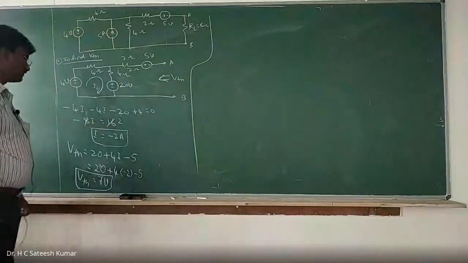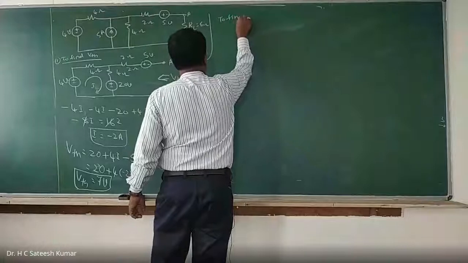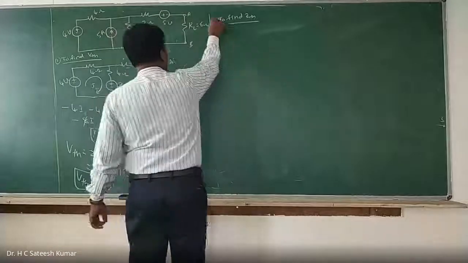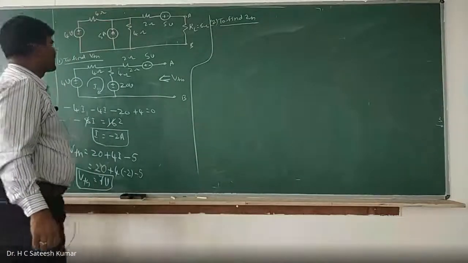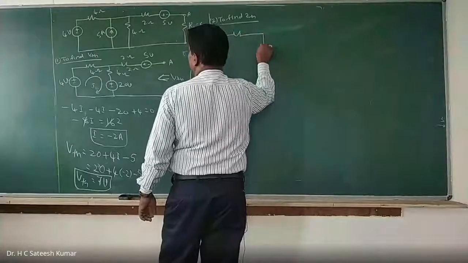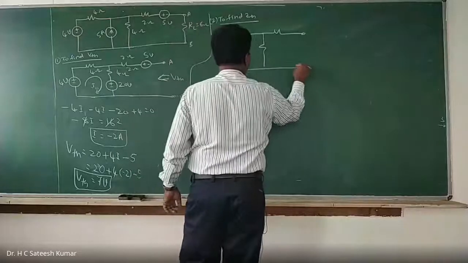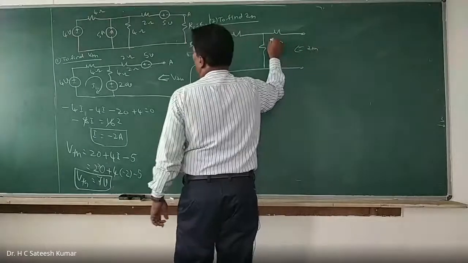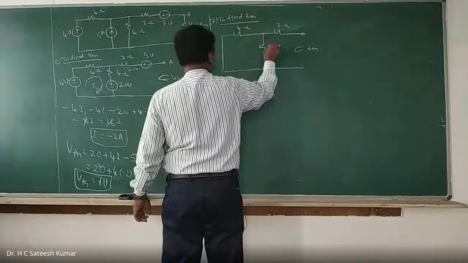Next, to find ZTH. How to find ZTH? Step number 2. ZTH is the open circuit impedance keeping all the sources 0. This is your ZTH. The resistances are 2 ohms, 4 ohms, 4 ohms.